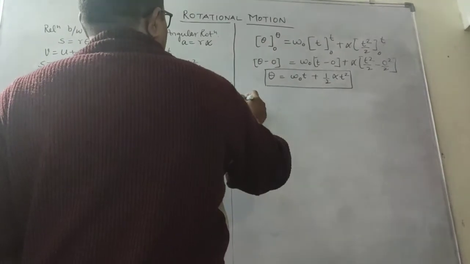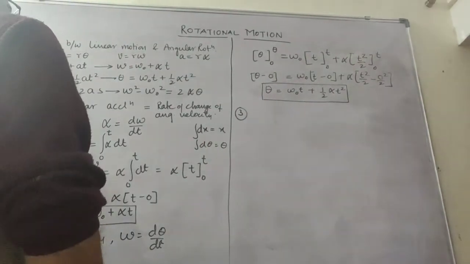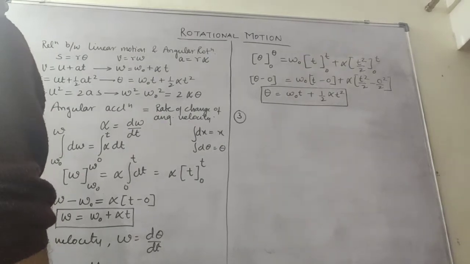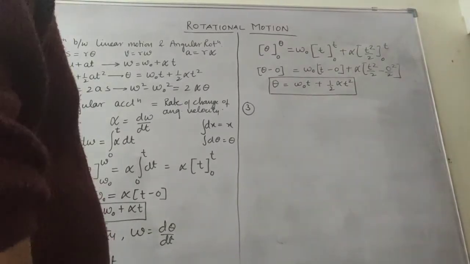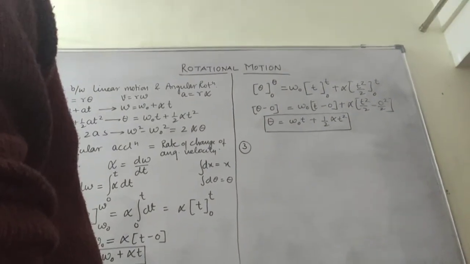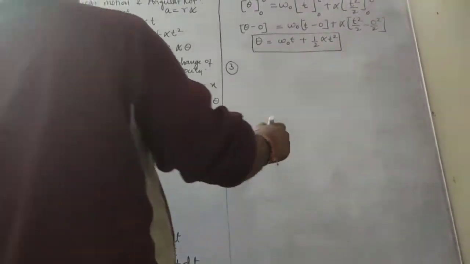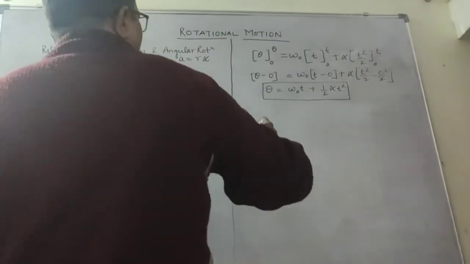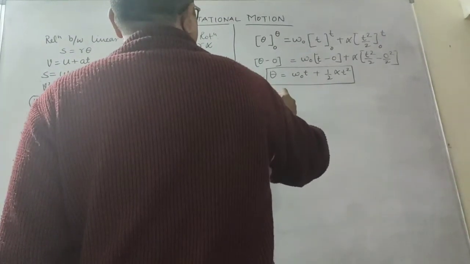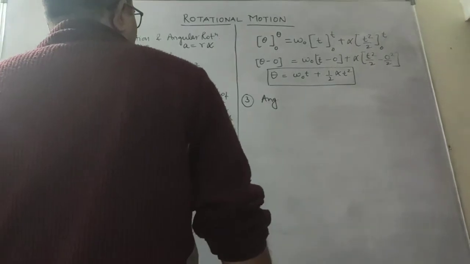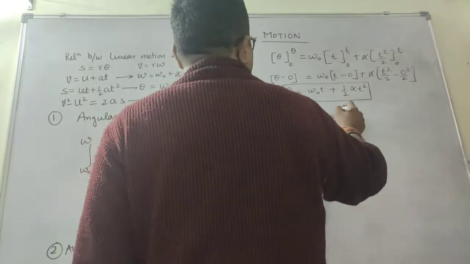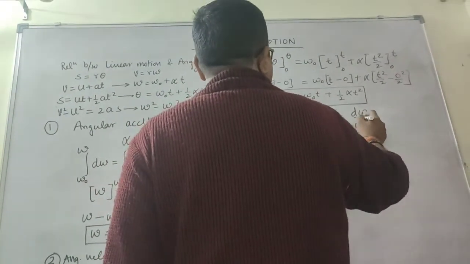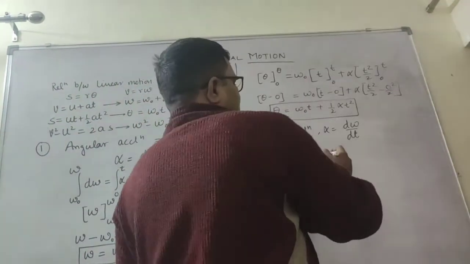Now the third one is omega square minus omega naught square is equal to 2 alpha theta. So how to go for it? Here, angular acceleration alpha is given by d omega by dt, the rate of change of angular velocity.